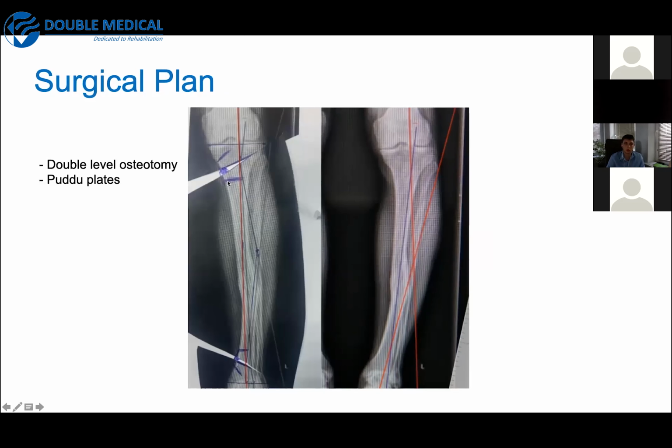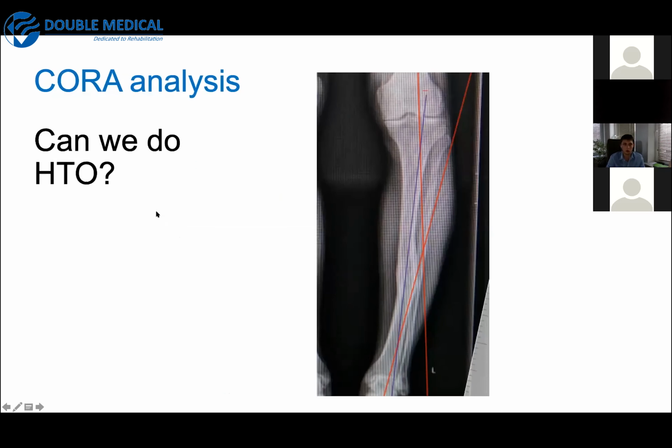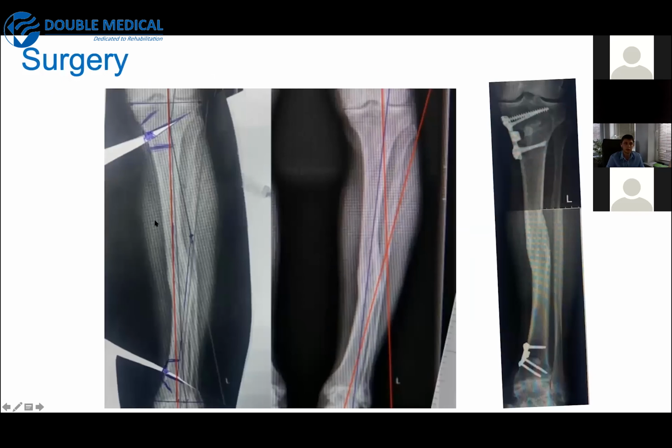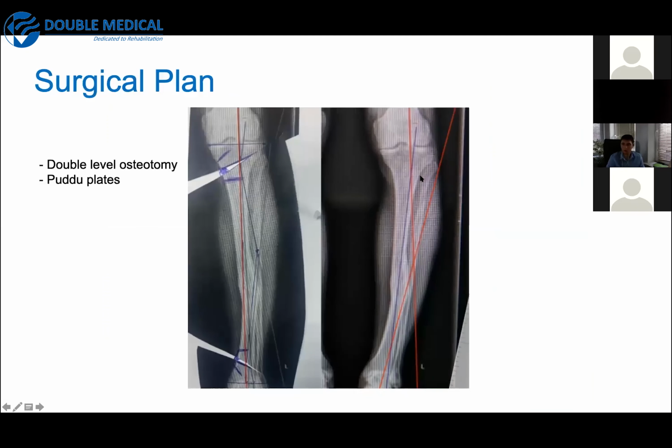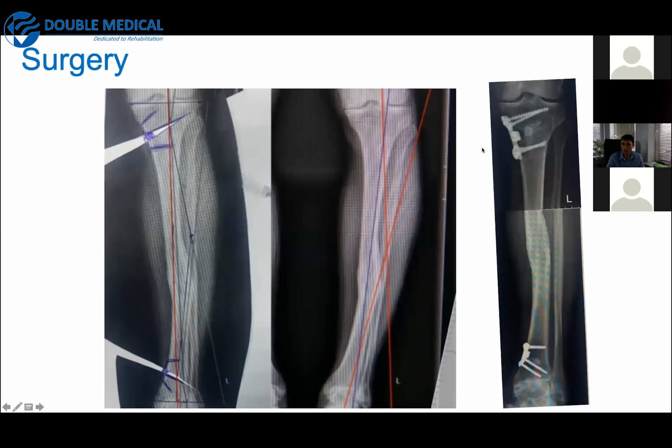We decided to do a high tibial osteotomy to correct 10 degrees in the upper tibia and 6 degrees in the lower tibia. We chose the place to do the surgery, and this is an X-ray after the plan.